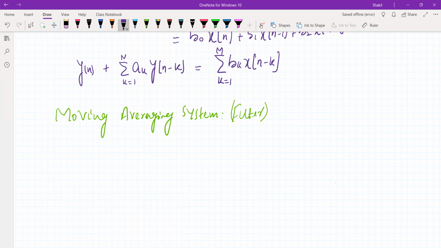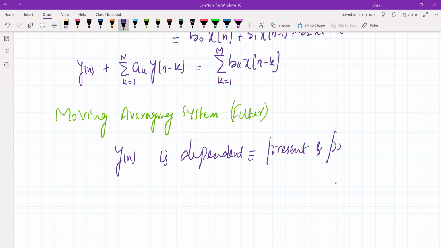Now this is a discrete time system whose output, y of n, is dependent on the present and previous inputs. So this is referred to as a moving averaging system or moving averaging filter.